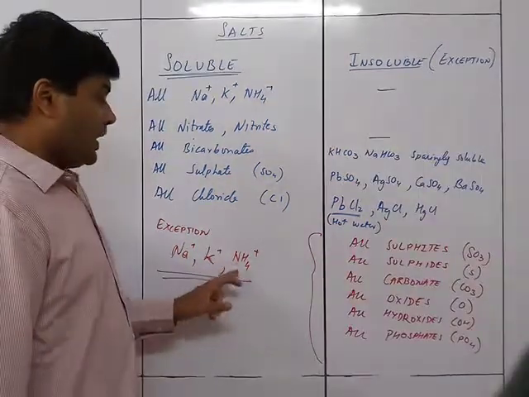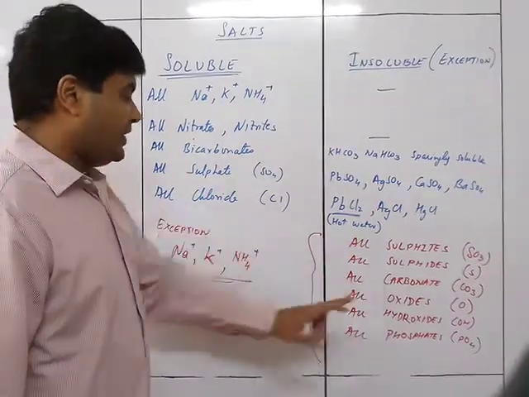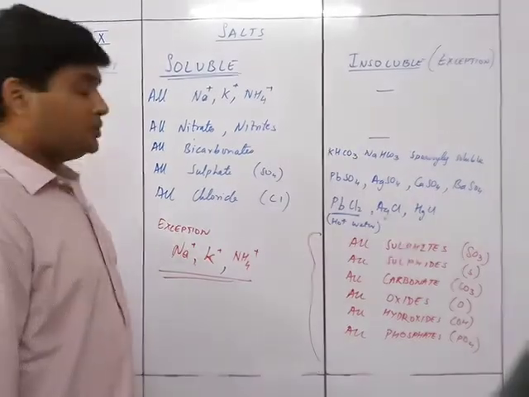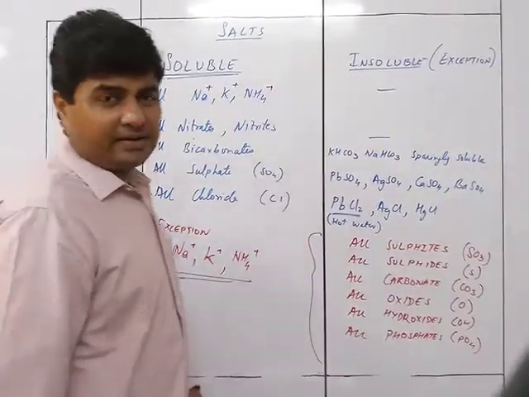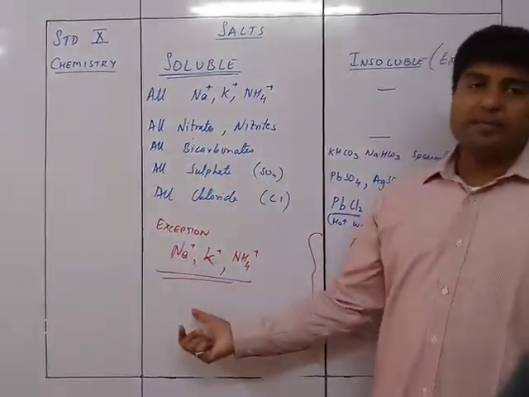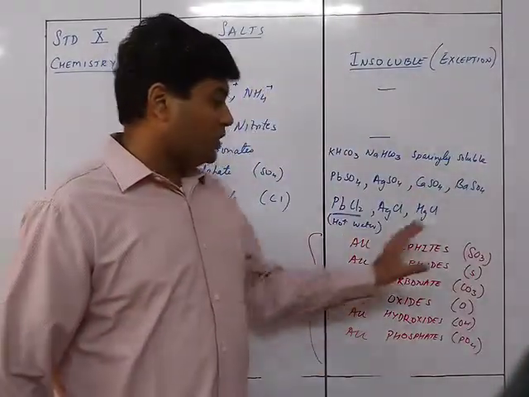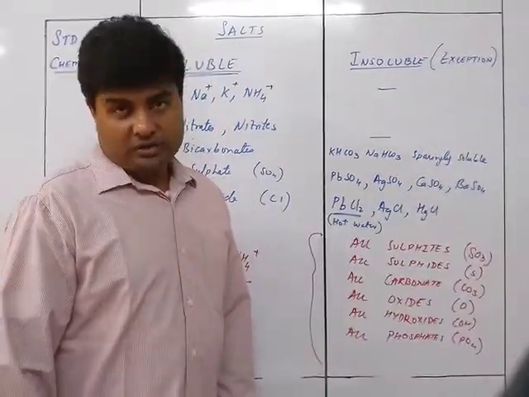For example, ammonium hydroxide is soluble, potassium carbonate is soluble, sodium phosphates are soluble. So if the cation present, that is the positive radical or metallic part in the salt, is sodium, potassium or ammonium, then it is going to give you a soluble salt even for these insoluble kinds of salts.